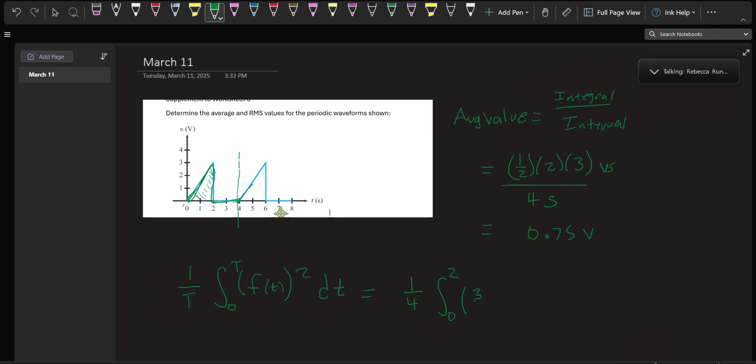So 3/2 t squared dt. The second half is just going to be 0, so that's not going to affect this part. And then I take the square root of the whole thing.